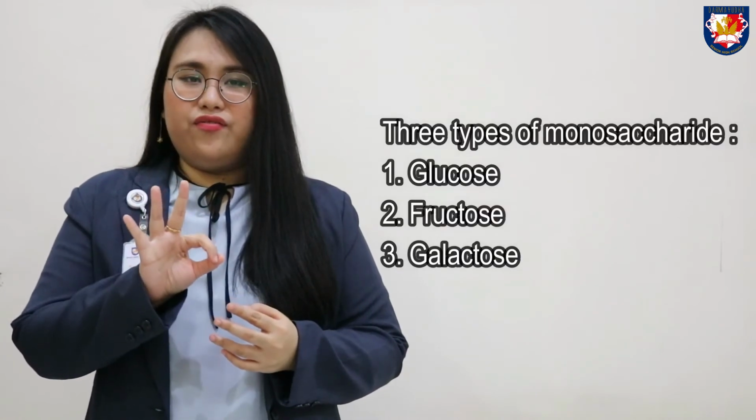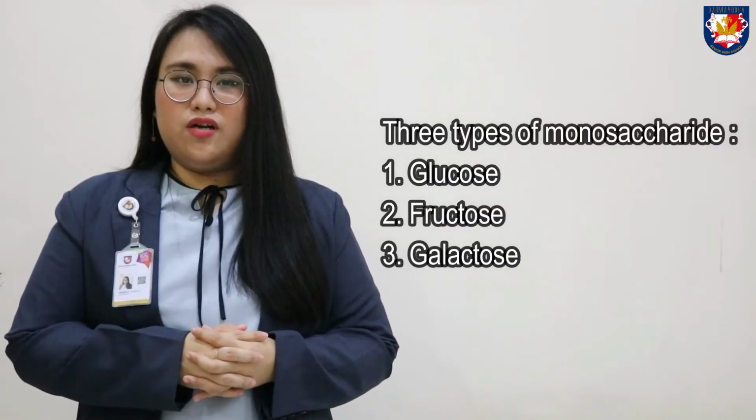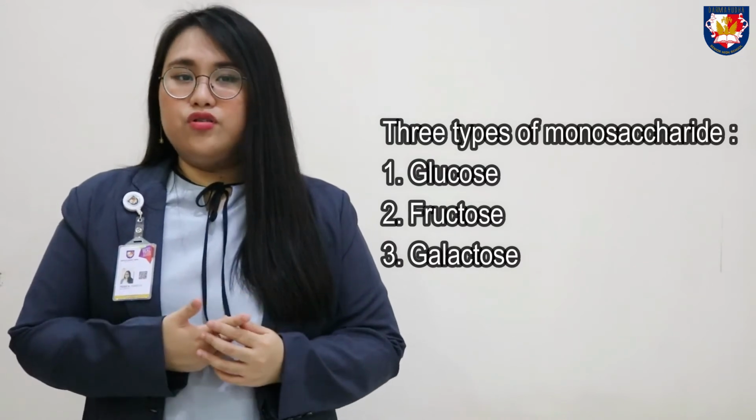There are three types of monosaccharides: glucose, fructose, and galactose. These three have slight differences in structure. Rice contains glucose, right? So when you eat rice, you get energy, because glucose has a large number of carbon-hydrogen bonds that break to form energy.